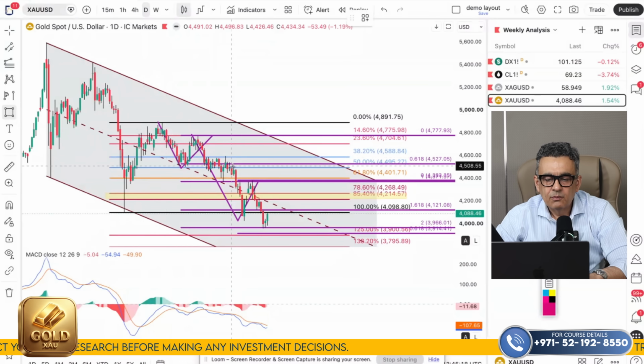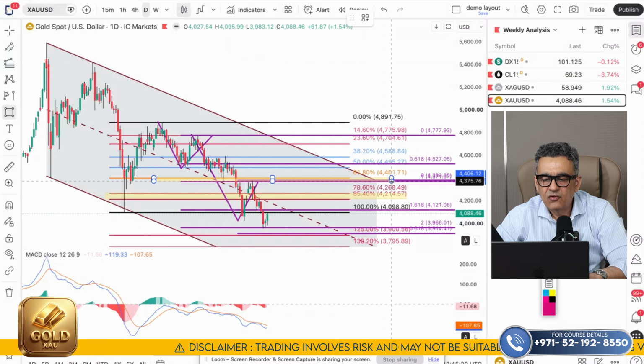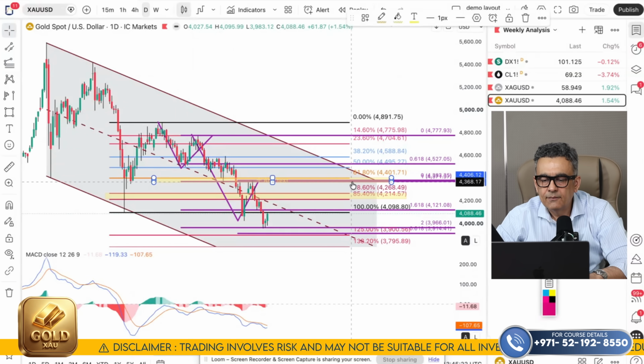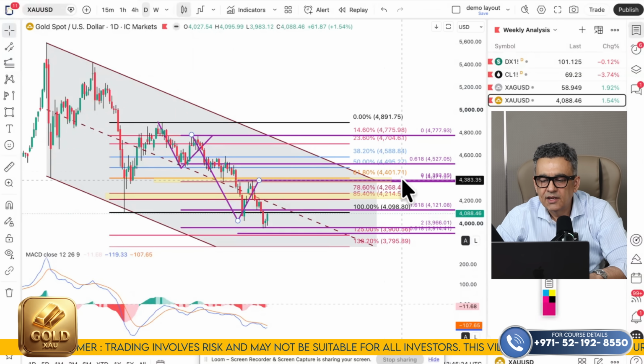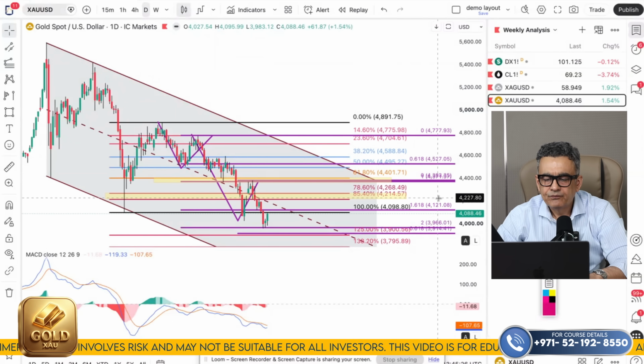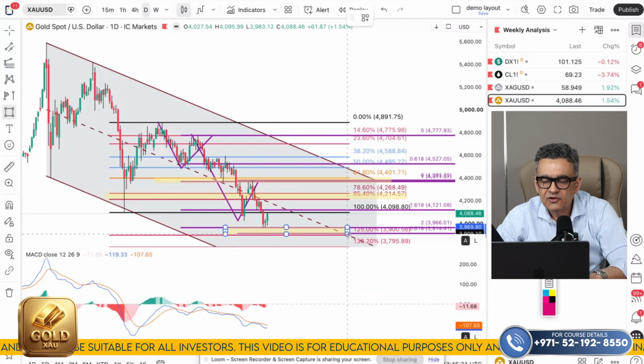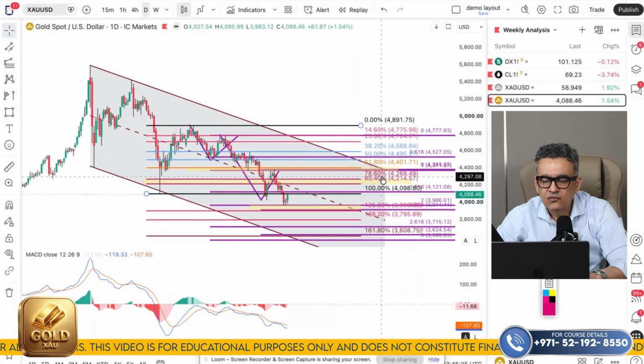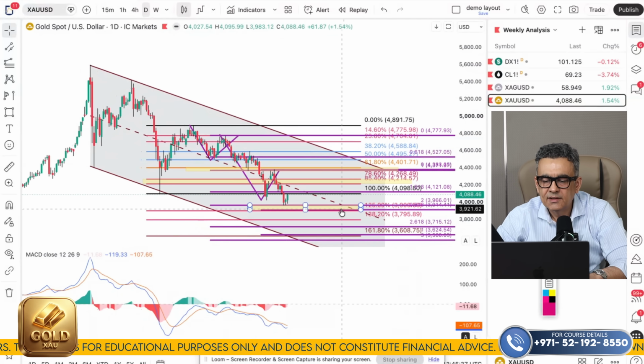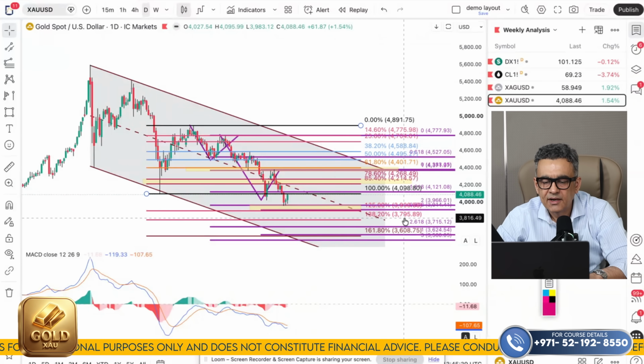So we have a very strong magnet resistance above 42.68, which is at 43.80 and 43.85. And this is the local support at the moment, which is around 39.65. So I'm expecting 42.14 to 42.68 to be retested, and then it will continue lower towards 37.95.